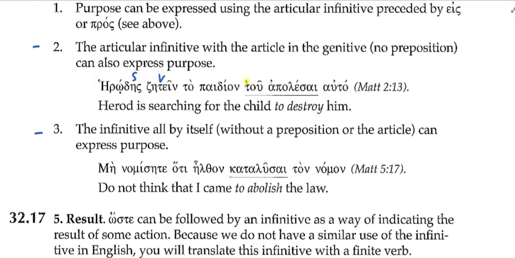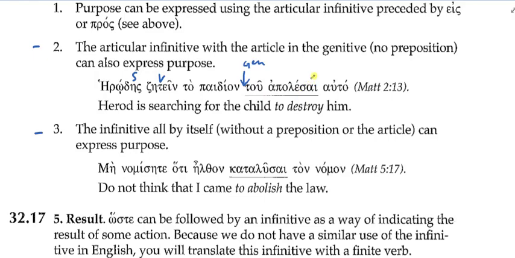Here I don't have a preposition before the articular infinitive. Just the bare articular infinitive in the genitive case is enough to indicate purpose, to destroy him. Okay? So when you see a genitive article and an infinitive, you need to be thinking that's purpose.